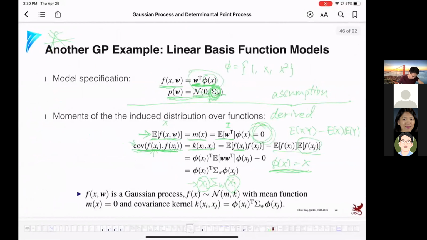So if we consider a special case like sigma W equals an identity matrix, then we just use the inner product of the basis vectors for xi and xj.